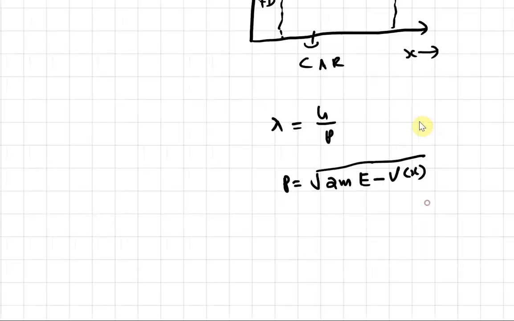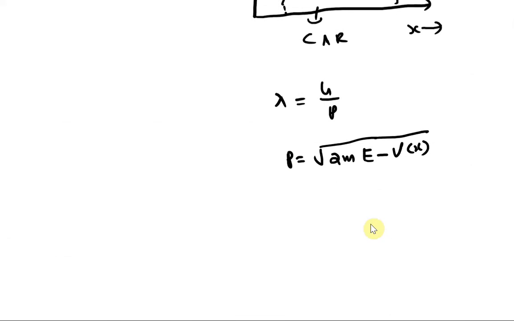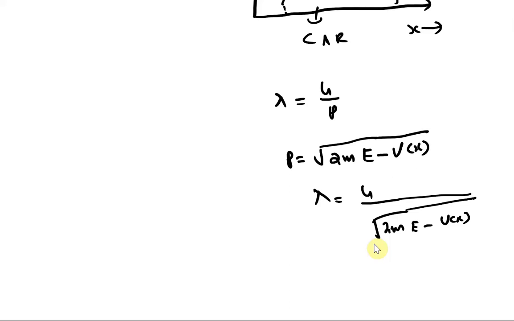If you put that value here, your lambda will be nothing but h by root of 2m times E minus v of x. So if you know the energy and the potential energy at an instant, this lambda at that instant can be calculated.